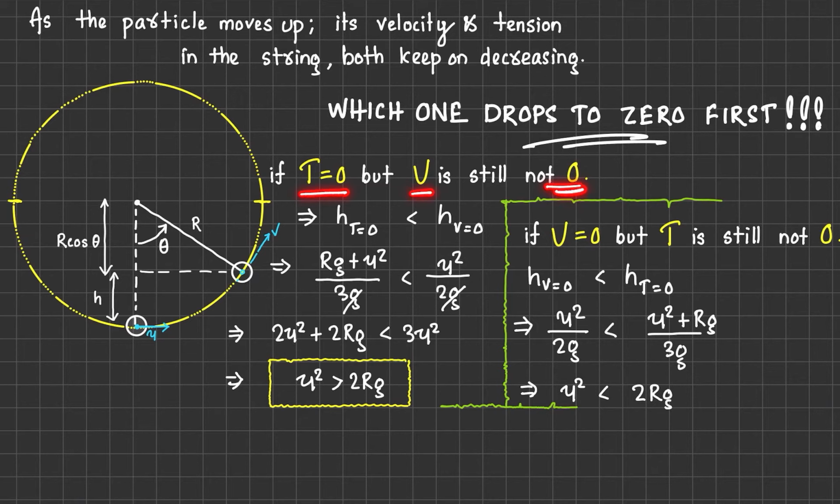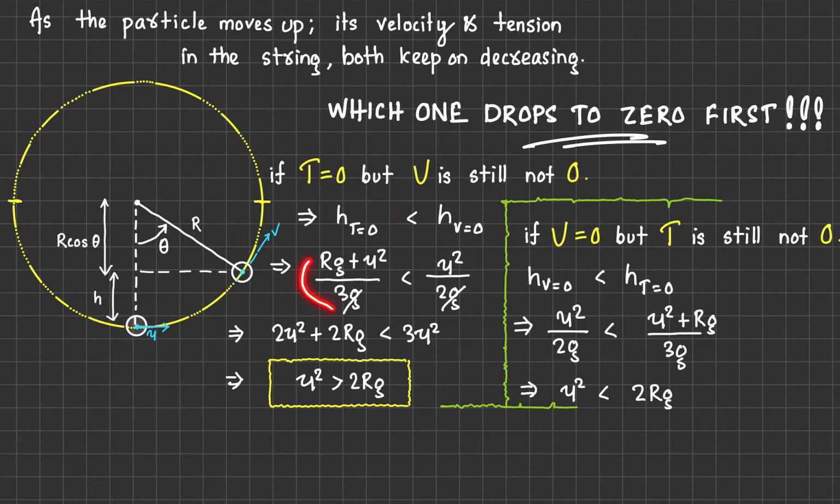In this case, that means the height at which tension should be 0 is attained before the height at which velocity is 0. So h at T equals 0 is less than h at v equals 0.